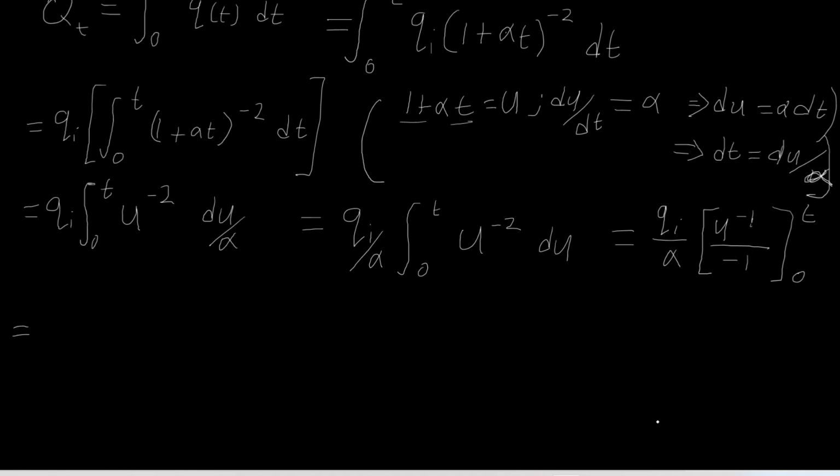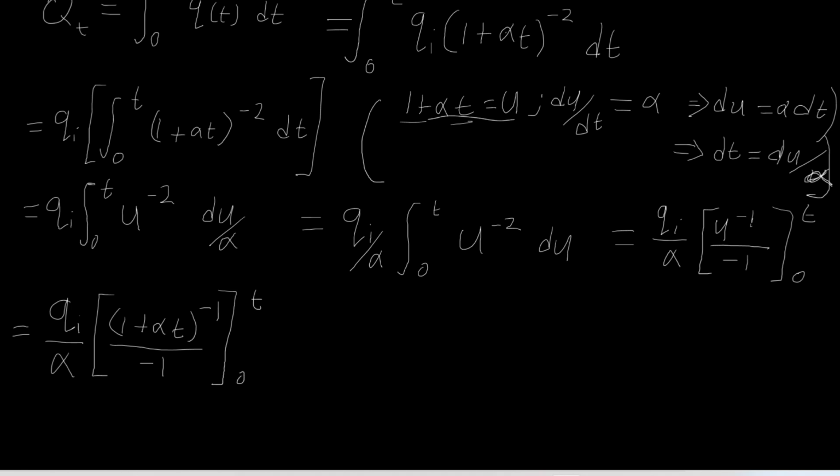Now from here, going back to this, we then have that qi over alpha is now going to be 1 plus alpha t to the power minus 1 over minus 1, from 0 to t. Our u, remember we stated it, this statement. So we just went back, and this is what we are having now.